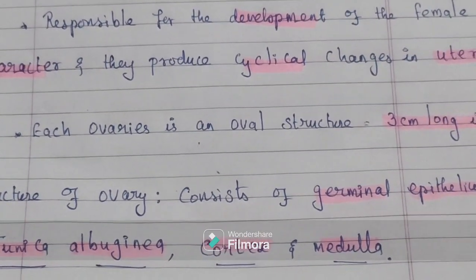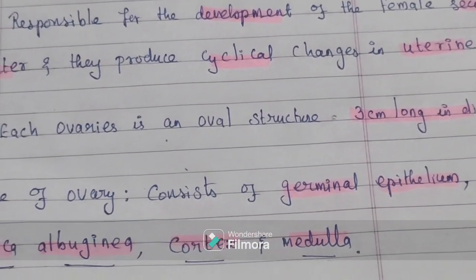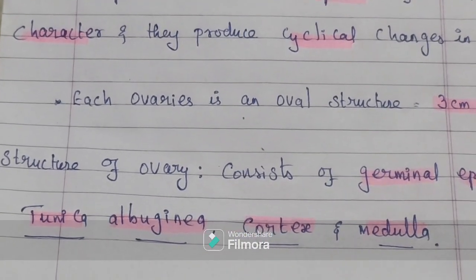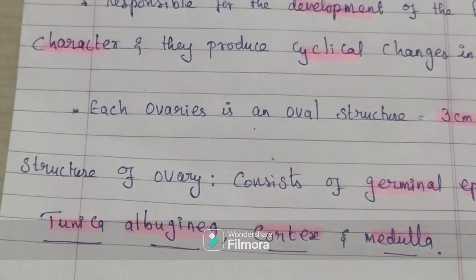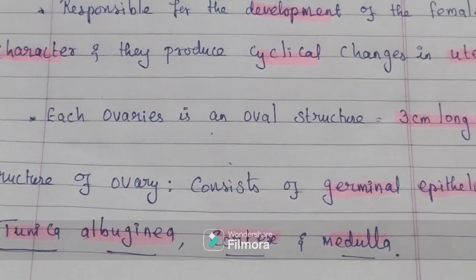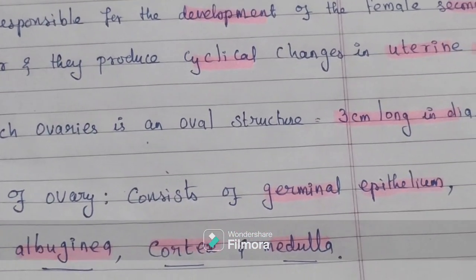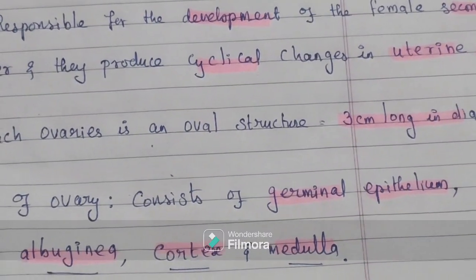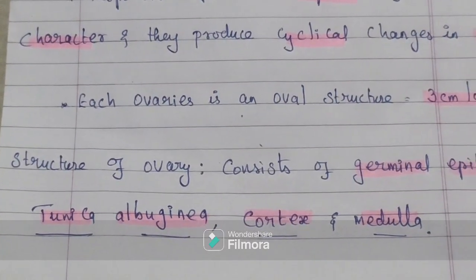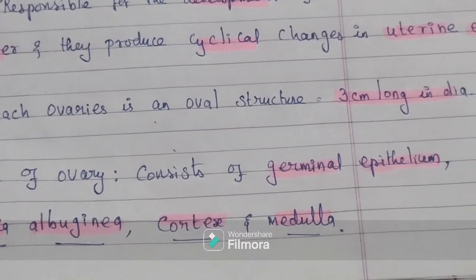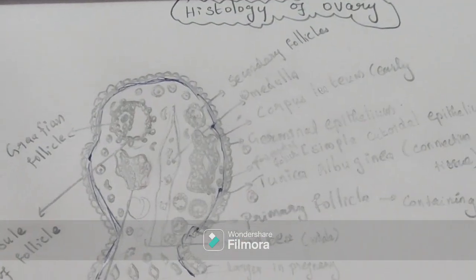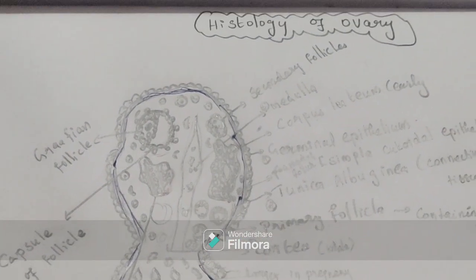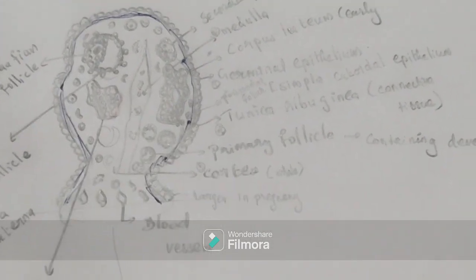So the ovary consists of 4 important things: germinal epithelium, tunica albuginea, cortex and medulla. Coming to this diagram of the ovary.